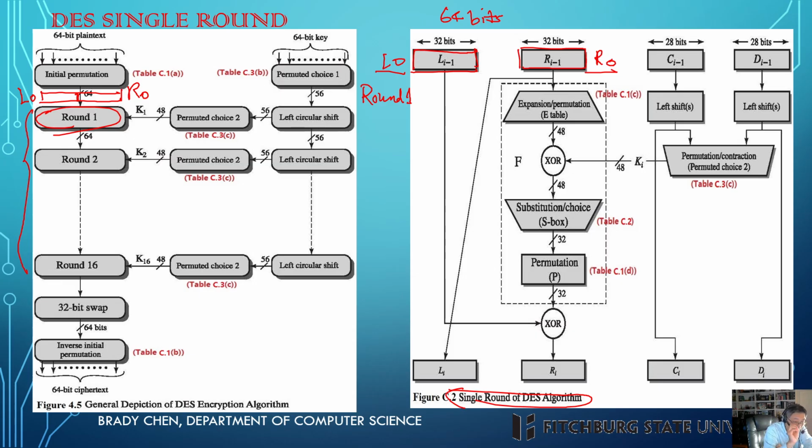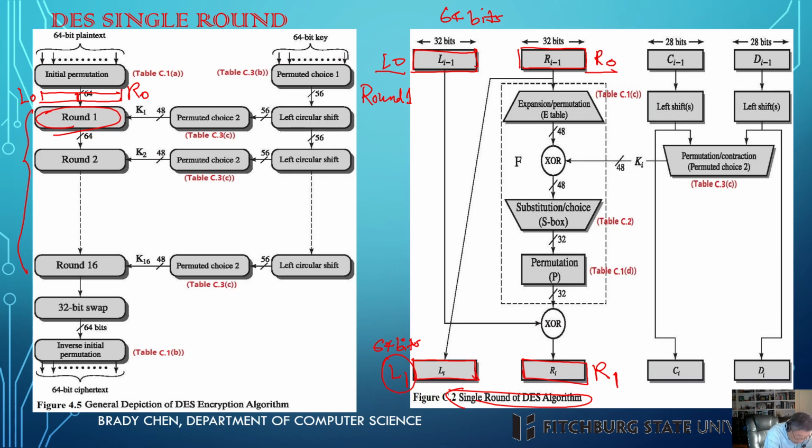Now, after round 1, the output will also be 64 bits. The left one we call L1, the right side we call R1. So in general, we use L(i-1), R(i-1), and the output will be L(i) and R(i).